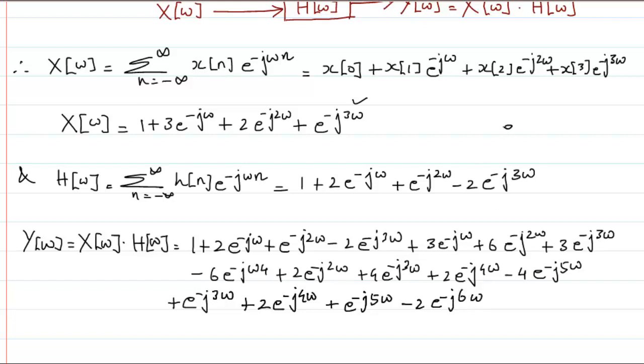So you should remember e raised to power a into e raised to power b is e raised to power a plus b. That is what we have used. Based on that I have got this equation.